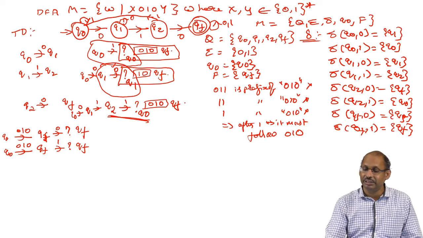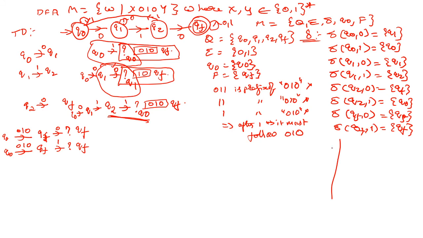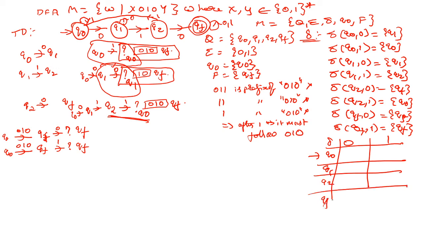So what is next? The transition table. Input symbols 0, 1 are the columns, then states Q0, Q1, Q2, QF. What is QF? A final state. We represent it with a star. Now Q0 on 0, where does it go? It's Q1. On 1, it's Q0.